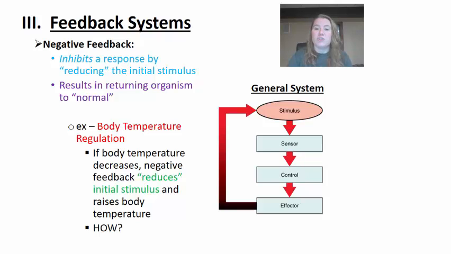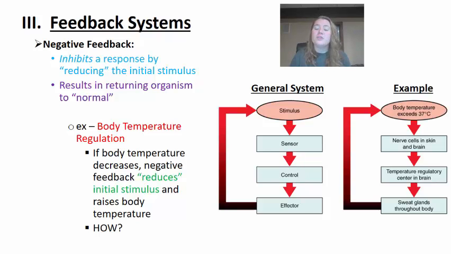So let's look at this general system over here. So our stimulus would be, say that the body temperature is too hot and we're above 37 degrees centigrade. So that would be normal body temperature. So you're too hot. So what happens is your nerve cells in your skin and in your brain sense that your body is too hot, and that sends a signal to the control.